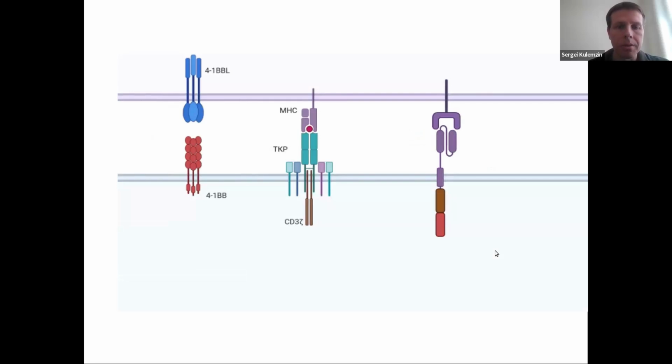If we compare the situation with normal T cell and tumor cell interaction and CAR T cell and tumor cell interaction, we see that in the case of a normal T cell, a lot of signaling domains are separated. In the case of a chimeric antigen receptor, stimulatory domains and co-stimulatory domains are all joined together in one chimeric antigen receptor.